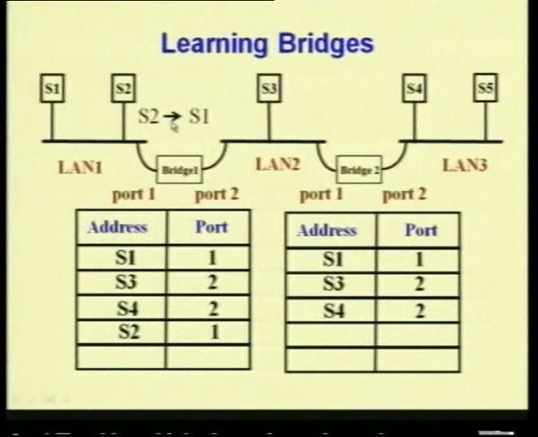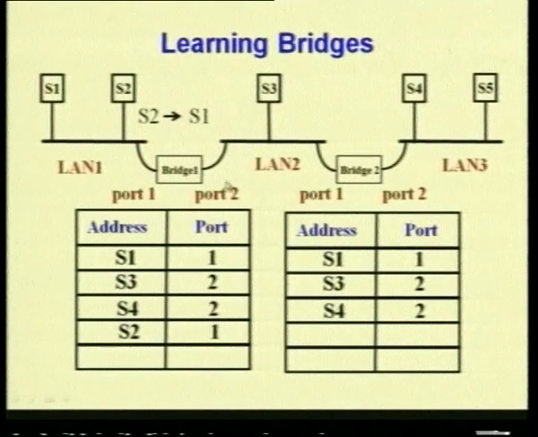So bridge 1 now makes note of this new information that S2 is on port 1, but it will not forward this frame on to port 2, that is over to LAN 2, because this transmission is going to happen only in this LAN. S2 is here, S1 is on the same LAN, and S1 will receive this transmission. Since bridge 1 has learned that S1 and S2 are on the same LAN segment, it will not take this frame and forward it on to LAN 2.